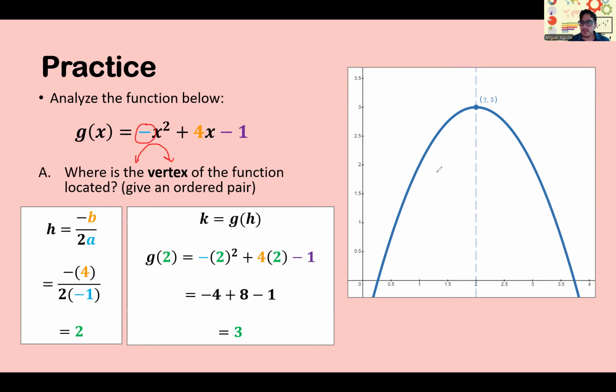Okay. Now, is this vertex here a maximum or a minimum? Yeah, it's a maximum. Why is it a maximum? Because it's facing upward. Well, what is facing upward? The vertex.